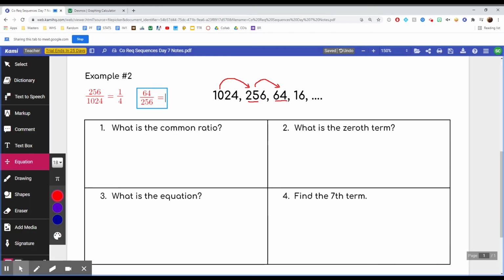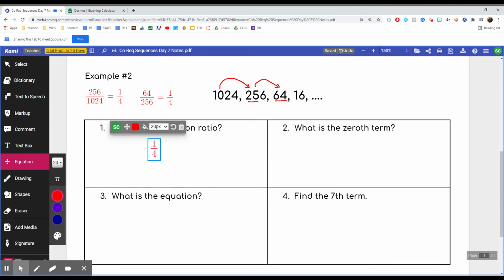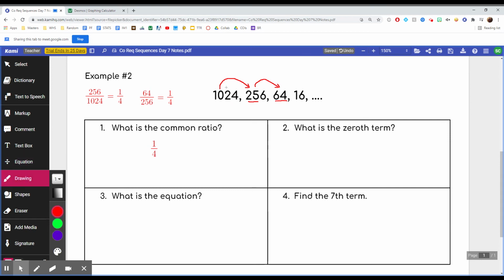Okay, so 1/4. And if I were to divide 16 by 64, then I get the same thing, 1 over 4. This indicates to me that my common ratio is 1 over 4, which means that I'm dividing each term by 4.